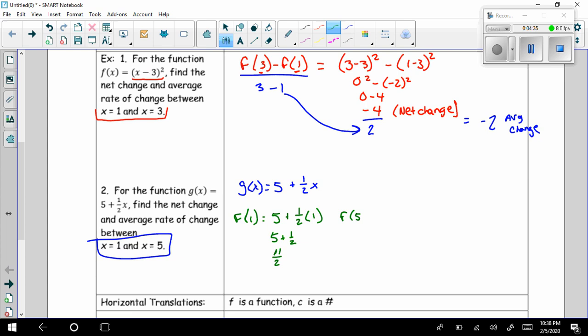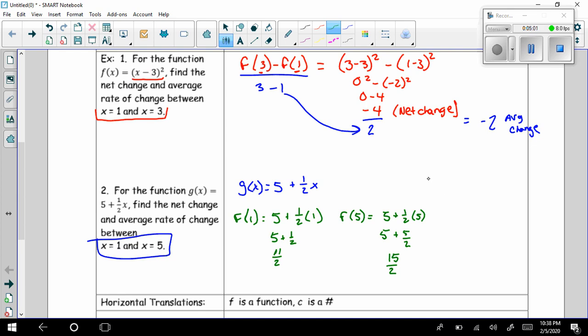G of 5 we need to find as well. So we do 5 plus 1 half times 5. 5 plus 5 halves. That's 15 over 2.